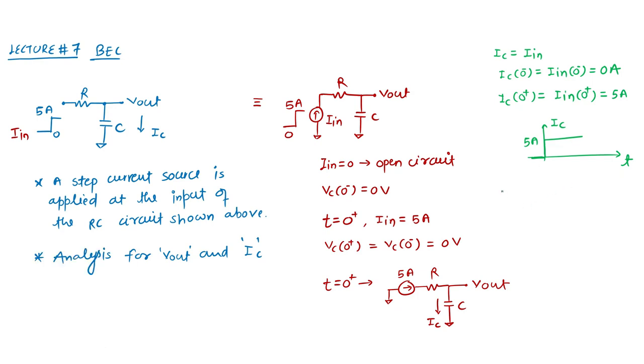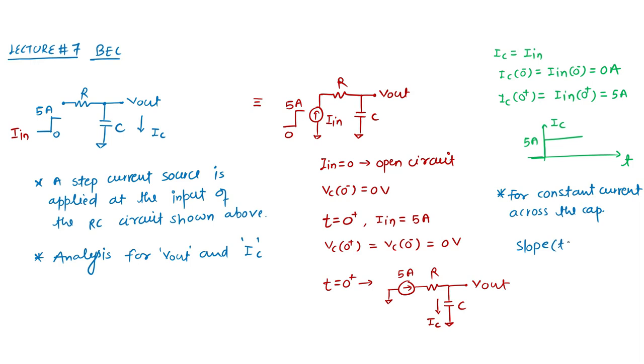For a constant current across the capacitor, what is the slope of the voltage?